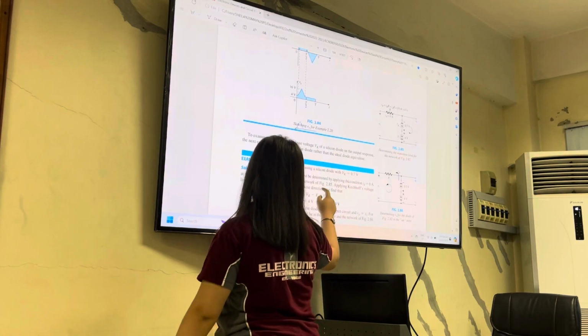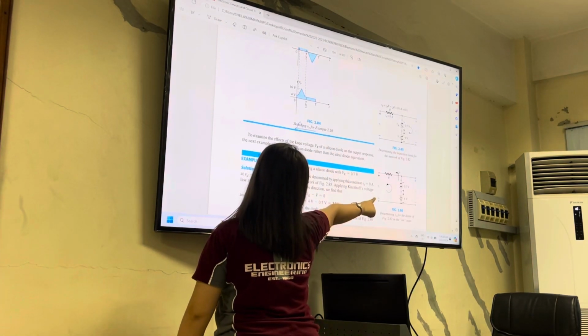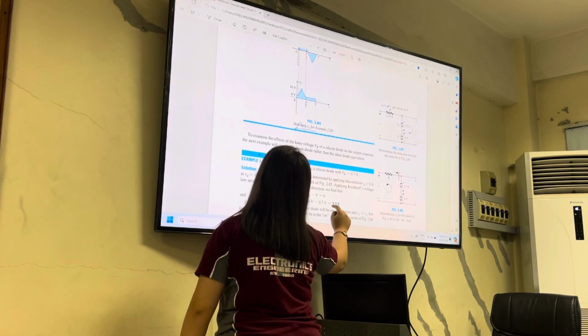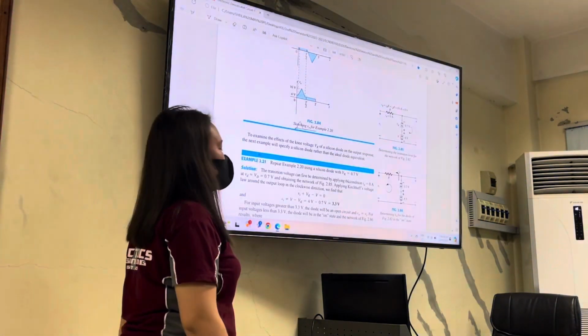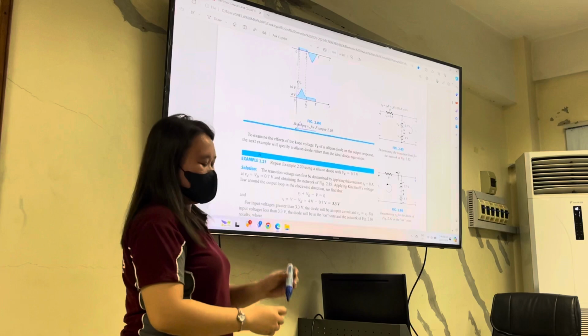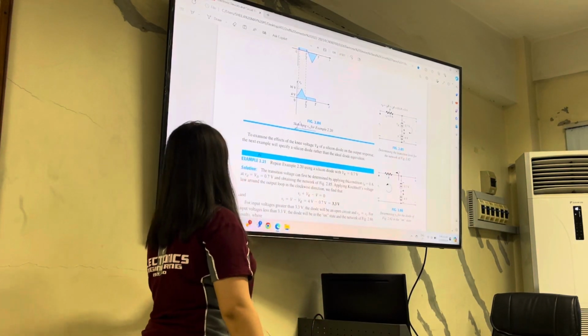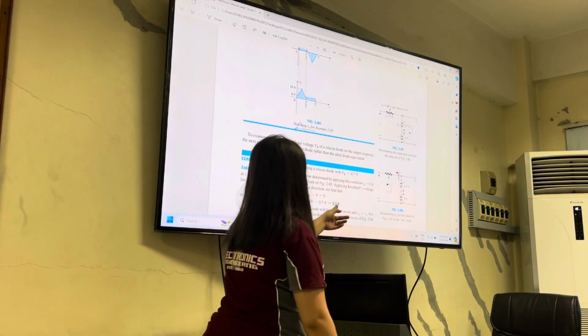We have V of 4, K of 0.7. Therefore, our transition voltage is 3.3 volts.